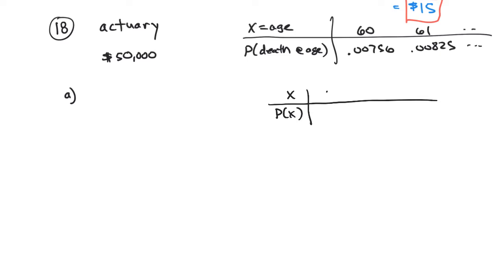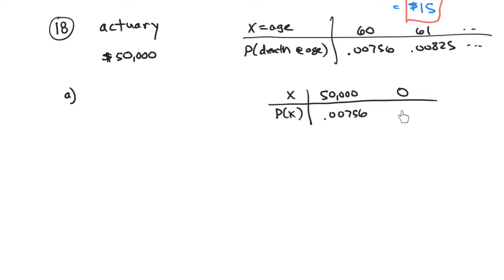So we could think of it as two ways. As far as the insurance company is concerned, we could say the insurance company in her 60th year has two outcomes. They could have to pay her family $50,000, and this is the probability that happens, or they could pay them $0. It's one or the other.